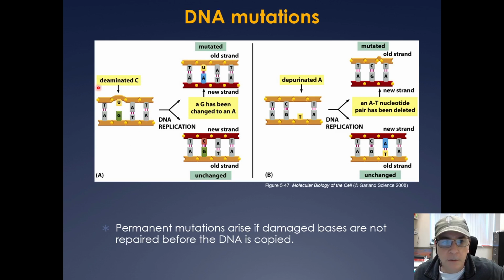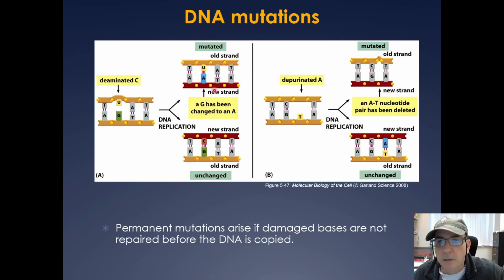In this instance, if you have a deaminated cytosine, you have uracil, and when this is copied, if it uses the deaminated cytosine, which is a uracil, as the template strand, the new strand is actually going to incorporate an adenine in its place, because it can properly base pair with the uracil.